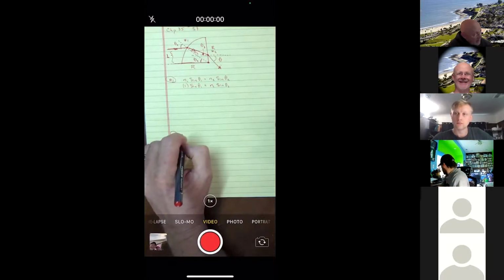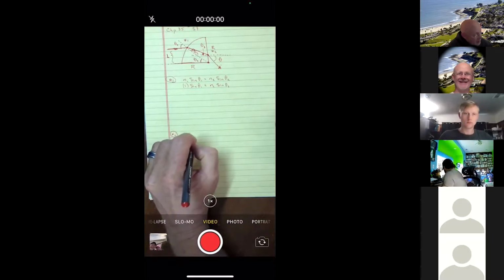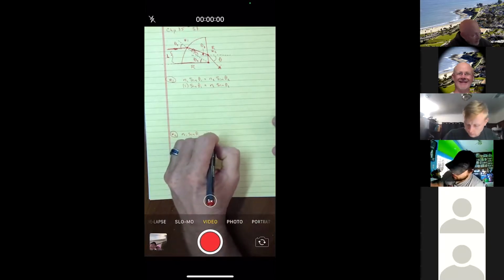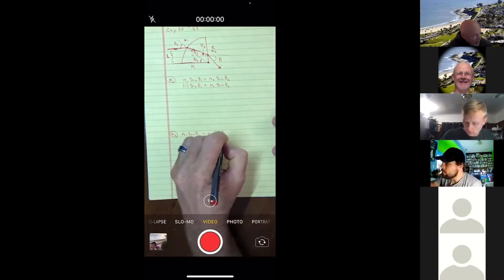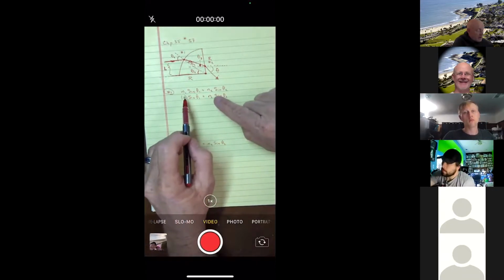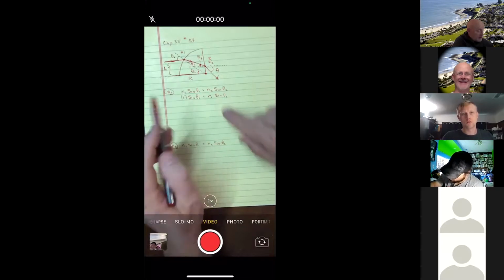So if I do Snell's law on surface number 2, I'll first just call it 1 and 2. But I want to get away from 1 and 2 because it might confuse you with the 1 and 2 at surface number 1.